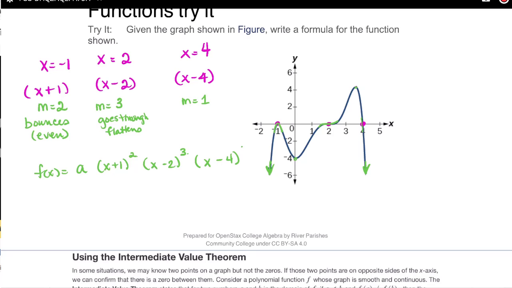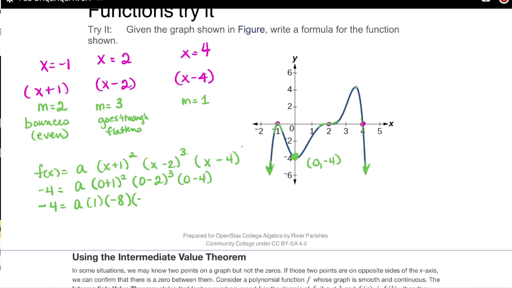Alright, so let's figure out a. So I'm going to plug in the y-intercept, which is the point 0, -4, and use that to find my a. So -4 equals a times 0 plus 1 squared times 0 minus 2 to the third times 0 minus 4. So -4 equals a times 1 squared is 1. -2 to the third would be -8.